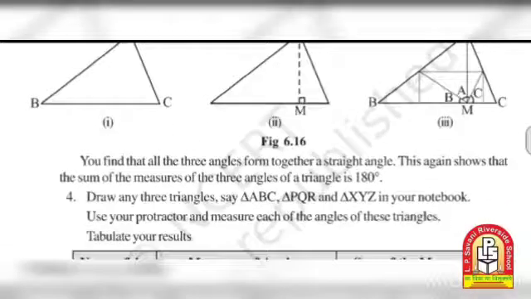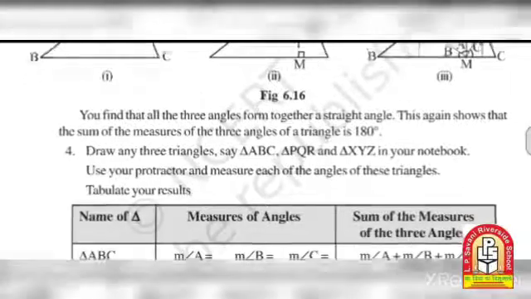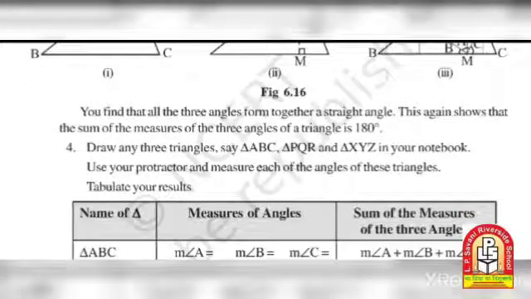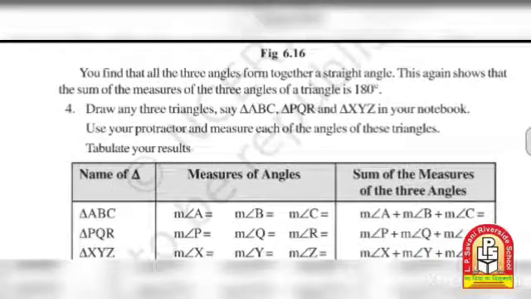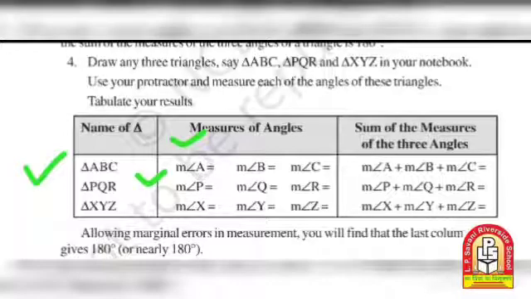Draw any three triangles such as triangle ABC, triangle PQR and triangle XYZ in your notebook. Use your protractor and measure each angle of these triangles and tabulate the results. Here for triangle ABC, the measure of angle A is equal to, the measure of angle B is equal to, and the measure of angle C is equal to.